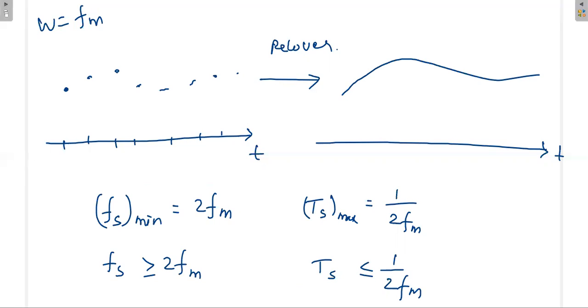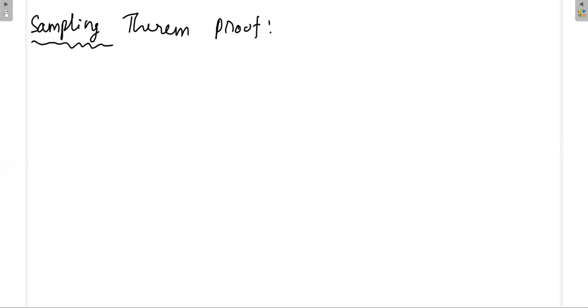Next, the sampling theorem proof. We know that x of t is the original signal.